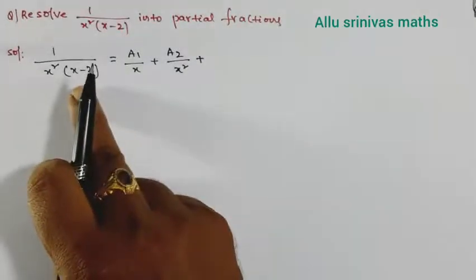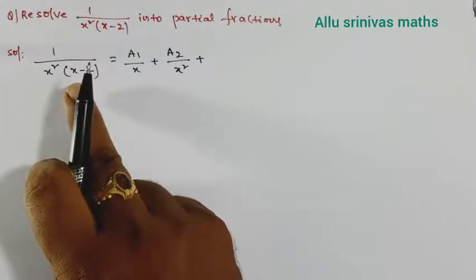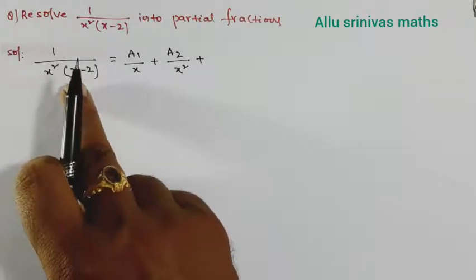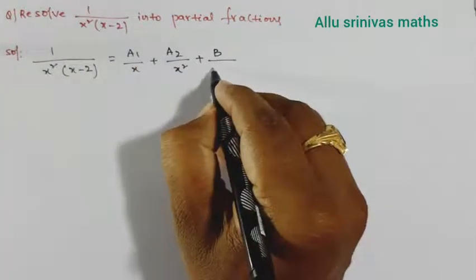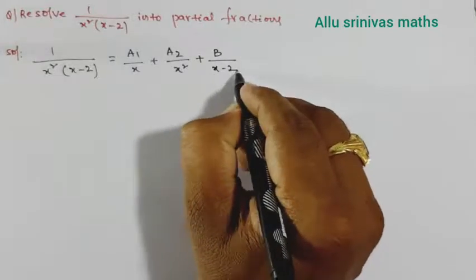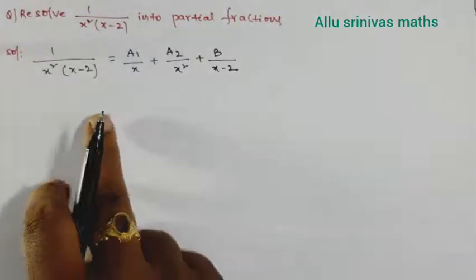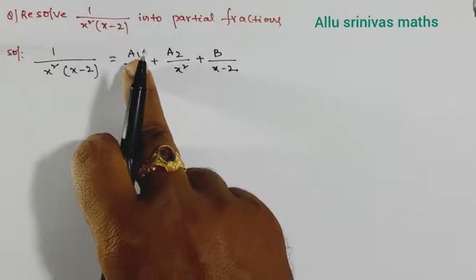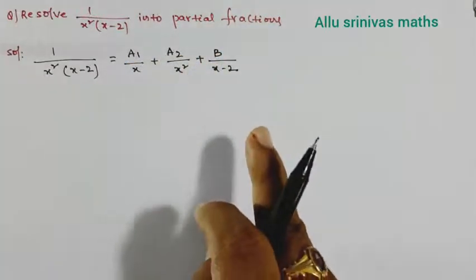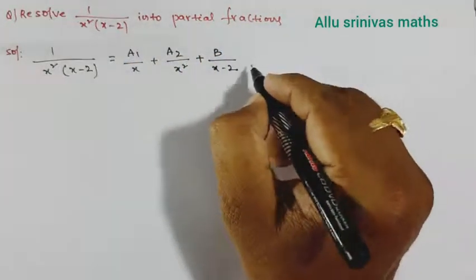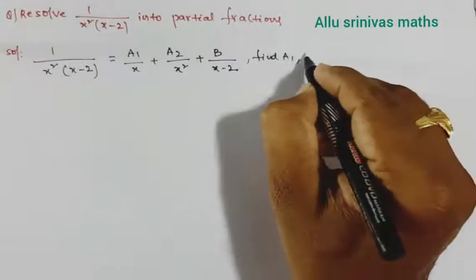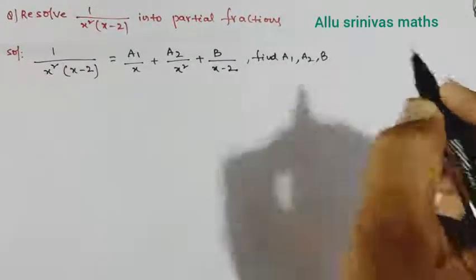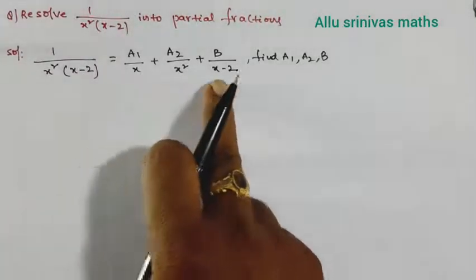X minus 2 is the non-repeated linear factor. It contains one constant, that is b by x minus 2. Then we have to find the a1, a2, b values.